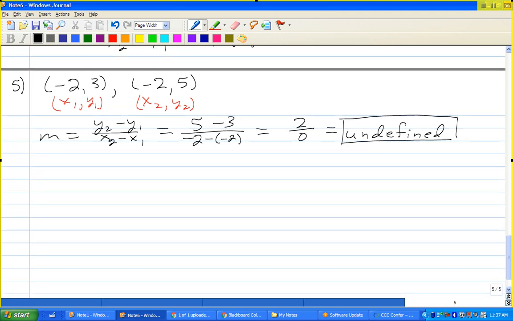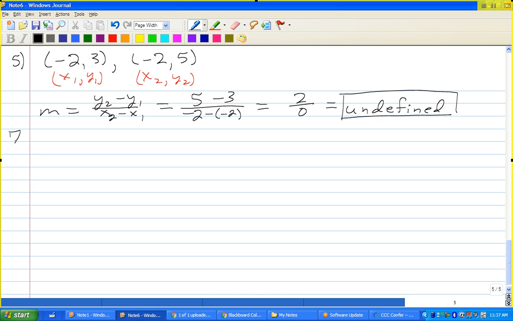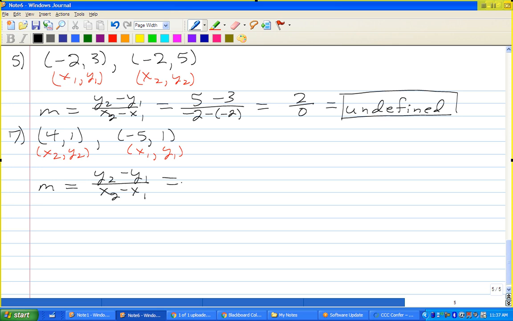Let me do problem number 7. The points are (4, 1) and (-5, 1). Let's call this x2, y2. Call this x1, y1. So the slope is equal to y2 minus y1 over x2 minus x1. Notice that it didn't matter which point I called the first point and which the second.